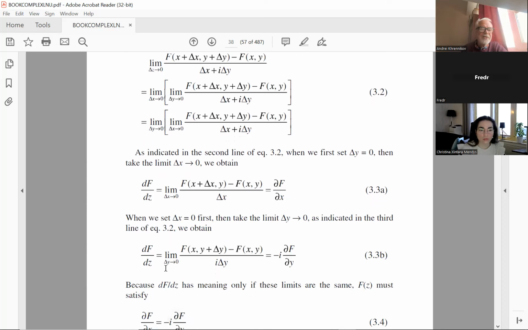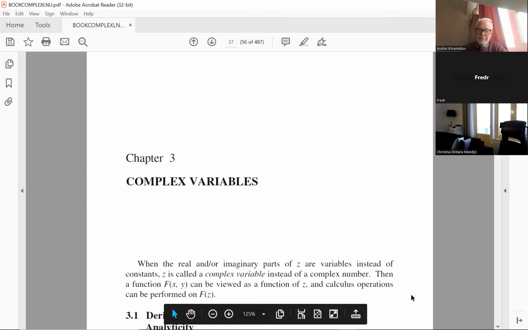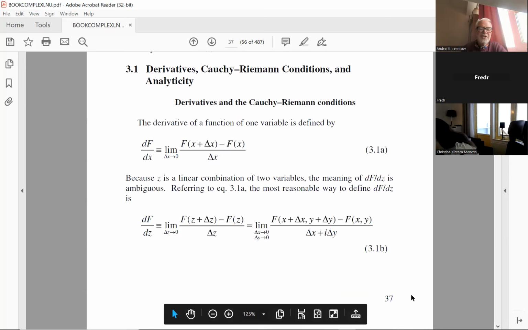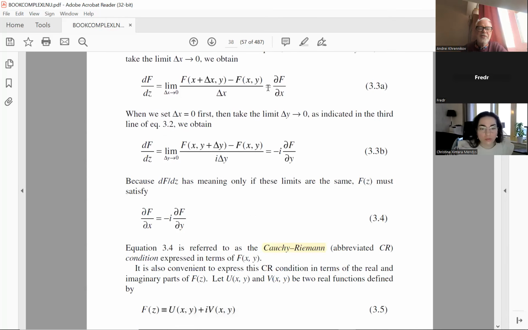If we go the other way, this is the limit over the horizontal line, and this is over the vertical line, and we get two different answers. But we want, and this is the key point, that this limit exists, that it's the same limit. So they should be equal. This expressed in this way, and this expressed in this way, they should be equal.